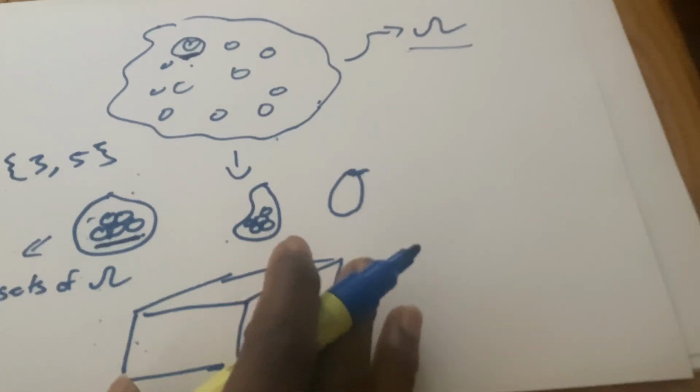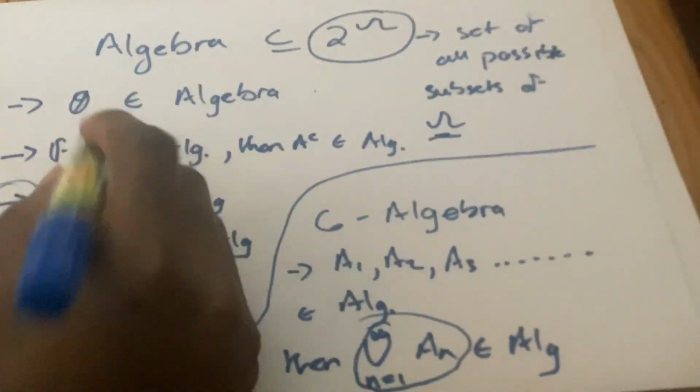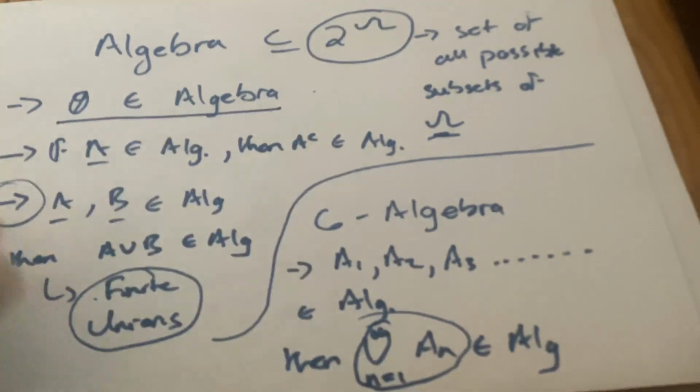So in what sense? Let's bring the conditions back. Let's look at the first condition. The empty set must be an element of the sigma algebra. What does this mean? All this is telling us is that the bag which contains nothing, or the concept of no information, should be measurable.